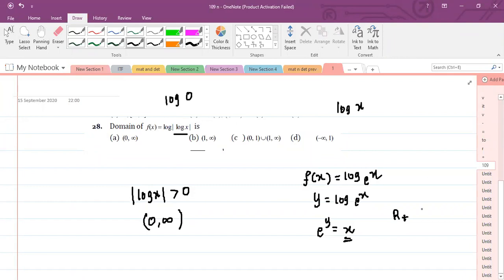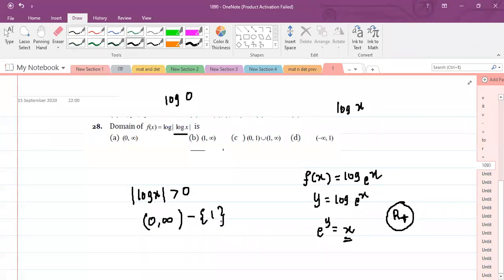Again, observe here, for a log function, the domain must be R plus, the set of positive real numbers. So log 0 is not defined, actually it is minus infinity.